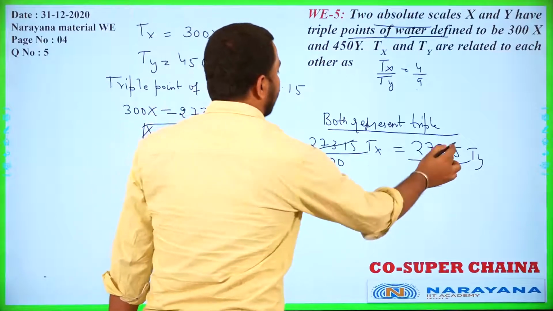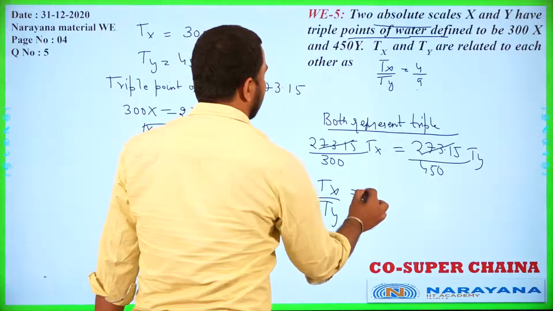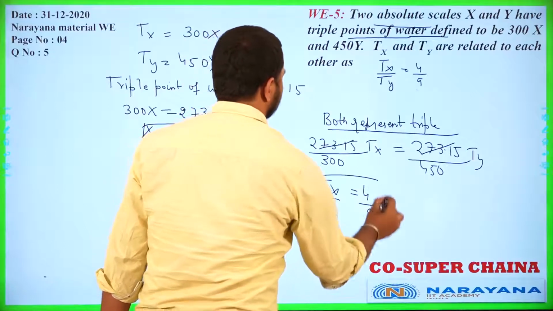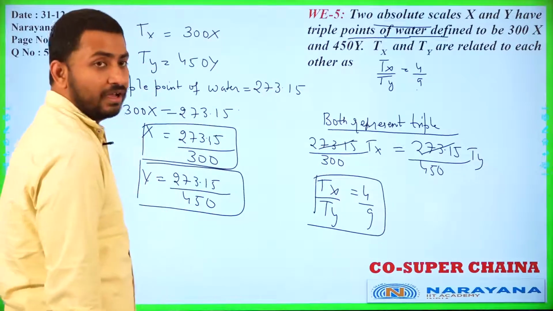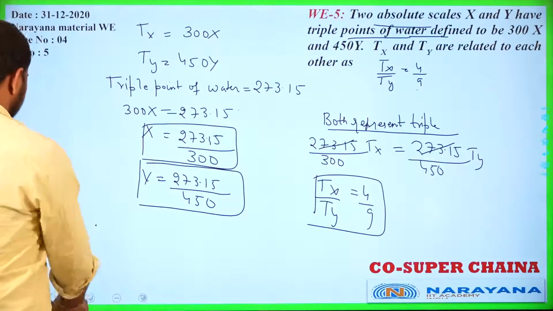From here we can write Tx by Ty, which comes to 4 by 9, and that will be the answer to this question. Let's move to the next question.